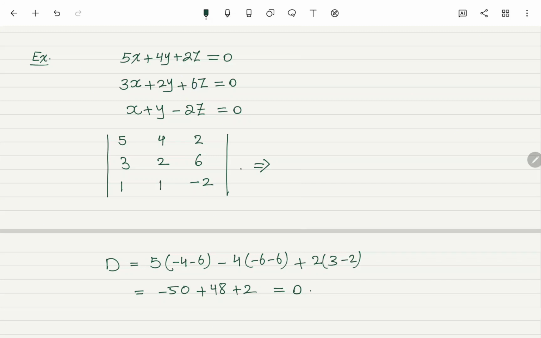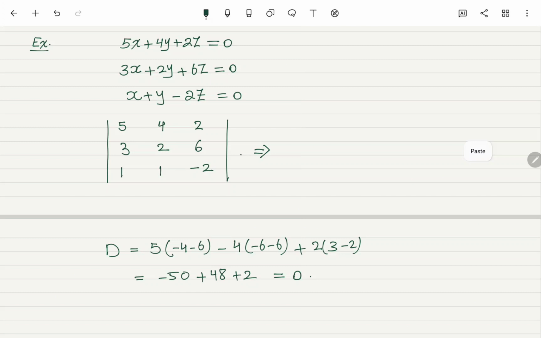If the determinant is equal to 0, then it's worth it to solve these equations because you will get solutions other than the trivial solution x equal to y equal to z equal to 0. But if the determinant of the coefficients is not equal to 0, the only solution we have here is the trivial solution, so there is no need to continue solving these equations.